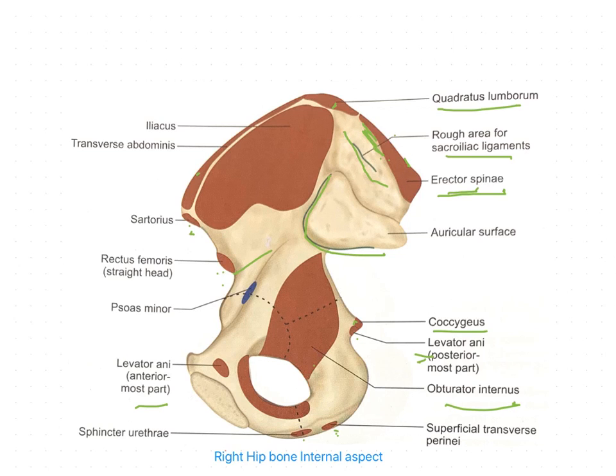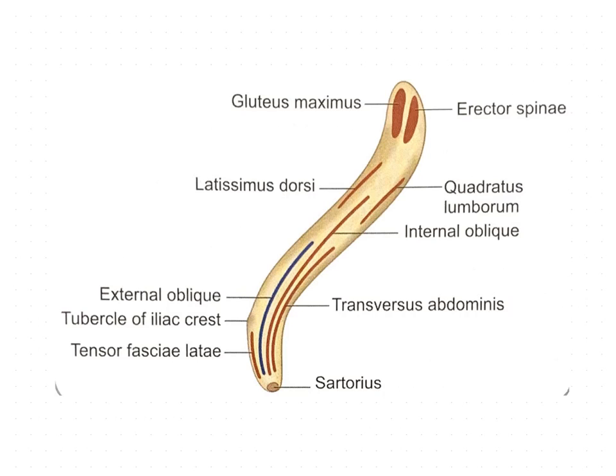If you move on to the iliac crest itself, what are the muscles which are getting attached? To understand this iliac crest: this one is the anterior superior iliac spine. Okay, and this one is the posterior superior iliac spine, and this is the tubercle of the iliac crest.